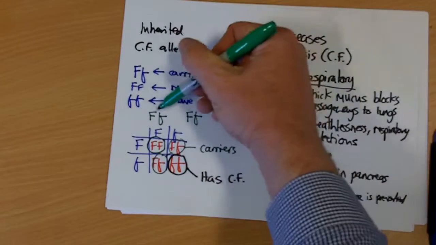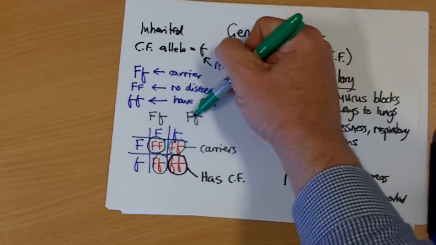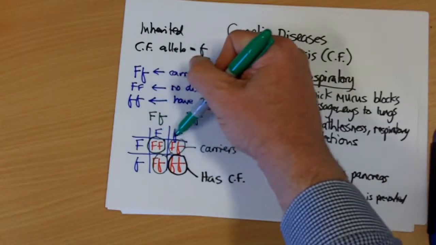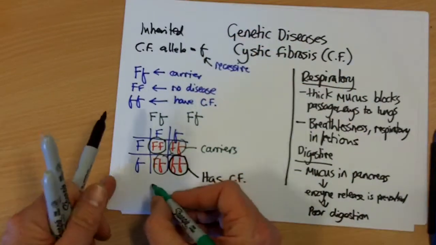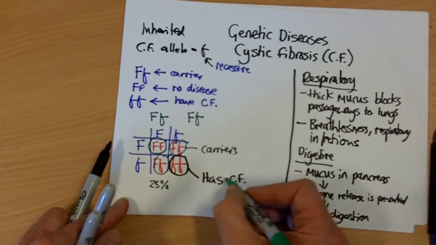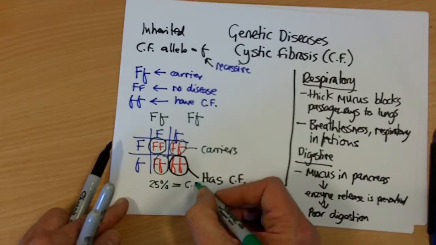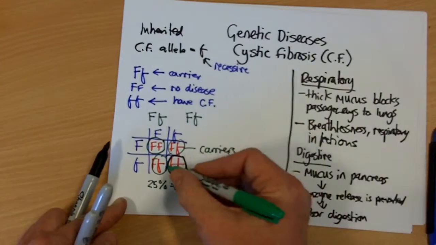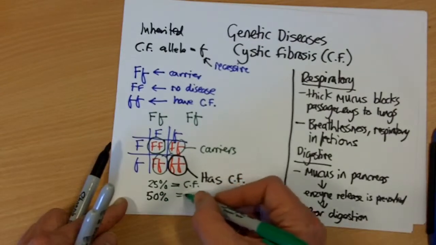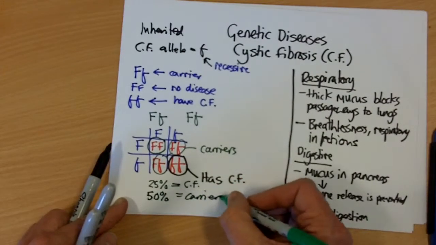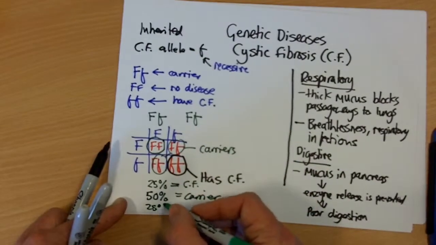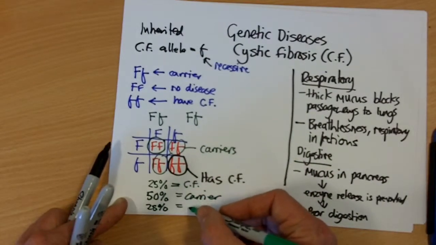So if these parents have babies and these are the 4 possible combinations, there's a 1 in 4 or 25% chance that you'll have CF. There is a 50% chance of being a carrier but not having the disease, and then there is another 25% chance that you won't suffer at all.